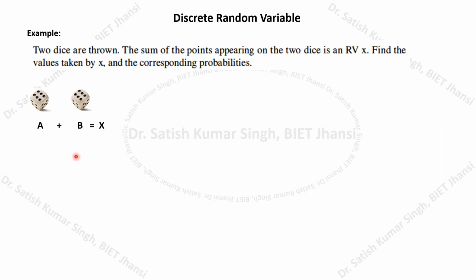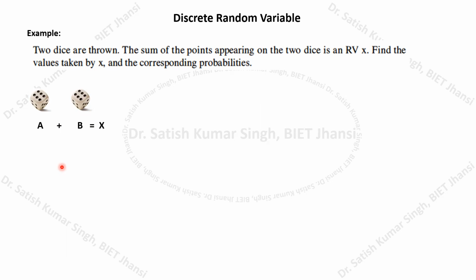So here I can explain one thing: because we are having two different dice, whenever we are conducting this experiment and rolling the dice, the outcomes of these two dice are independent of each other. You remember that I have already explained about independent events.